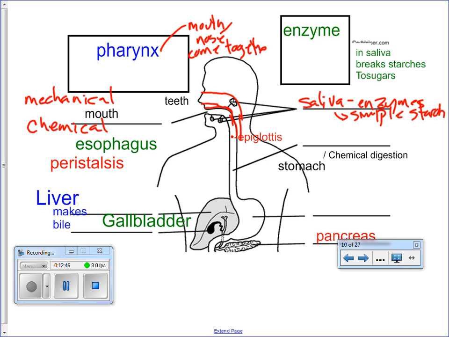So if while you're eating, your little brother or your dog does something ridiculous, and then you laugh, and your tongue pushes your food over the epiglottis where it's not supposed to go, it can go either down the wrong tube or it comes out your nose, right?